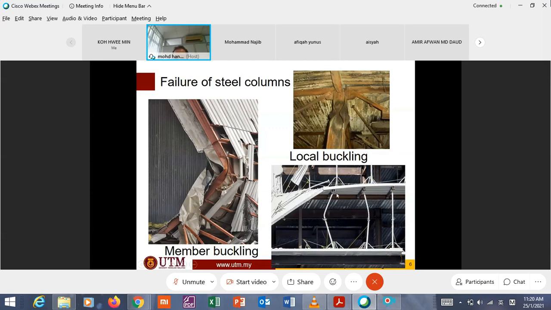And this is another failure of member buckling. This is called what? Prop. Prop is also a kind of strut. Prop is used to support temporarily during the construction. Prop. Sangga.